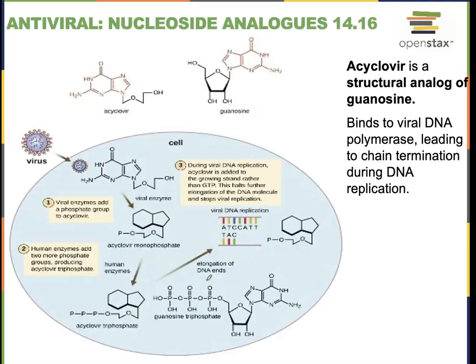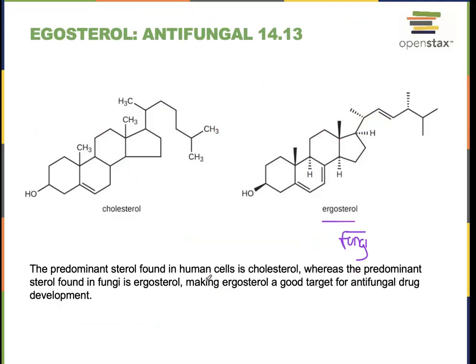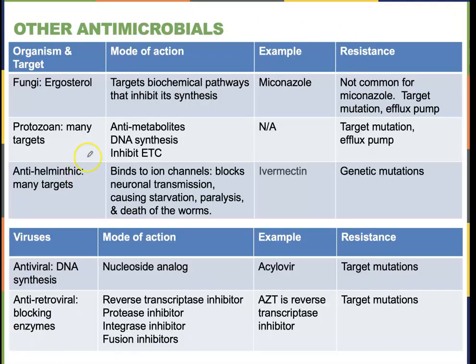We don't have images of antihelminthics or antiprotozoans. But if you look at the mode of action, you guys are familiar with this now. An antimetabolite is something that disrupts an enzyme of a metabolic pathway. We can stop DNA synthesis or inhibit the electron transport chain.